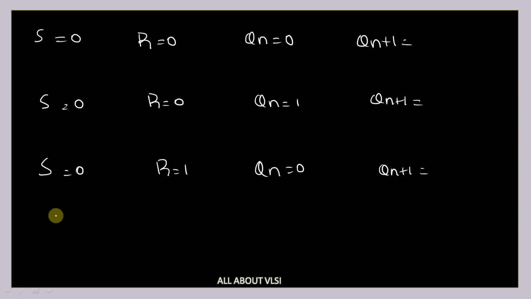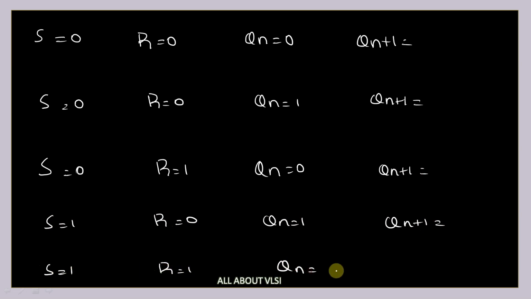Let us see. And whenever S is equal to 1, R is equal to 0, and Qn is equal to 1, what is Qn plus 1? And whenever S is equal to 1, R is equal to 1, and Qn is equal to 0, what is Qn plus 1? Let us try to understand these cases.